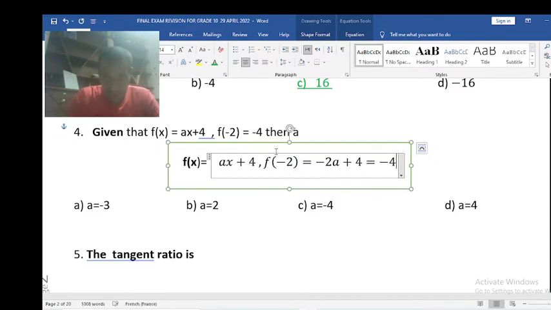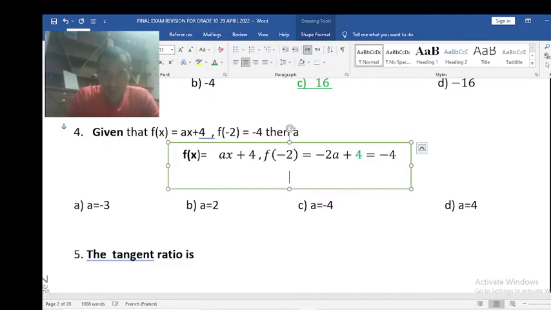Then I'm going to transfer this 4 to the right hand side, therefore negative 2a equals negative 4 minus 4, which is equal to negative 8.